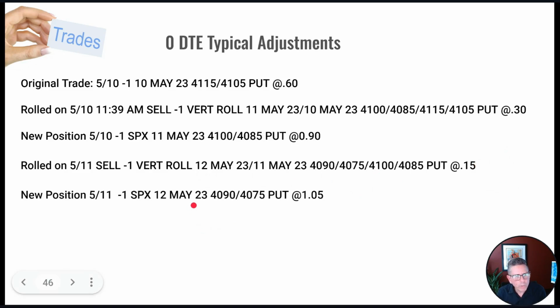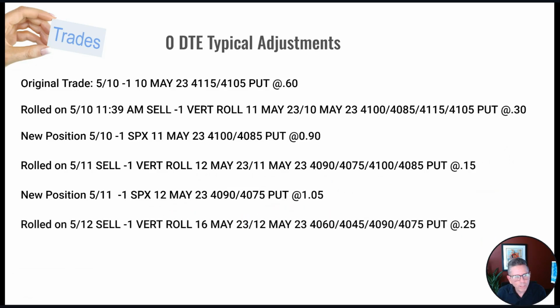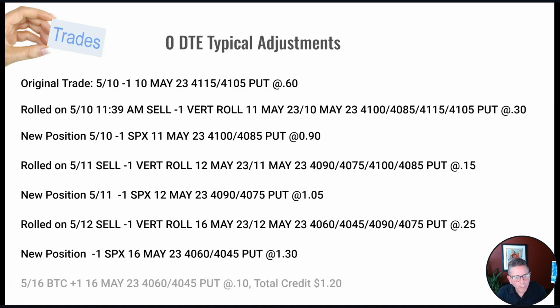And then we put on a new position for the put spread, $1.05, and then rolled the spread and collected 25 cents. So the new position got $1.30, and basically overall we closed the position at 10 cents. Total credit was $1.20. So even when you have a threatened trade, you can actually gain additional premium by widening the spreads and moving the position.